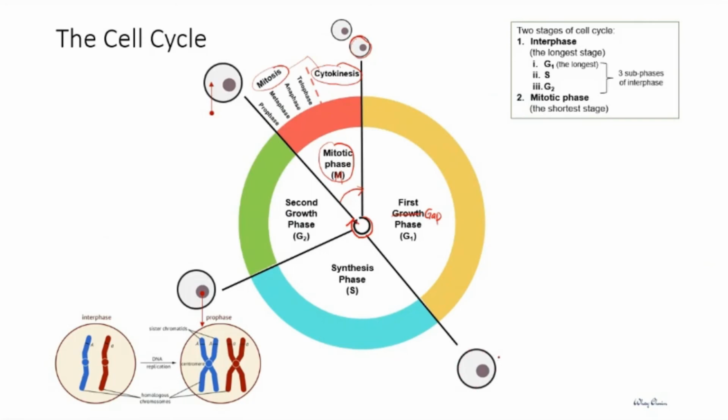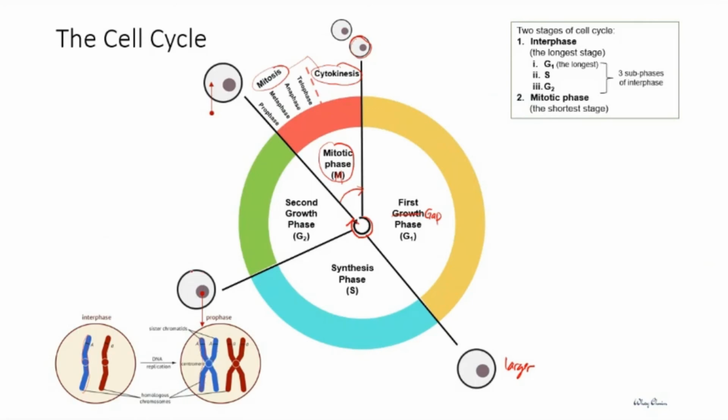Okay, the cell becomes larger now. Okay, the cell will continue to the S phase, synthesis phase, where we have to focus on the activity in the nucleus. Each chromosome found in this nucleus, before the S phase, only carries 1 DNA. But after S phase, they carry 2 DNAs because they have become duplicated chromosomes. Okay, chromosome yang kata ada 2 sister chromatids.